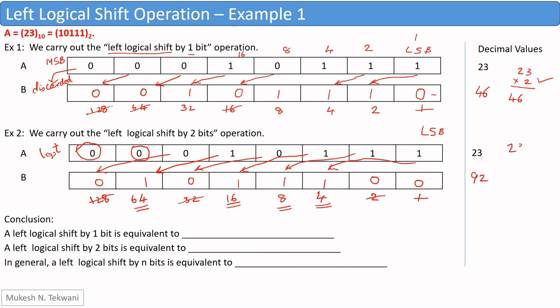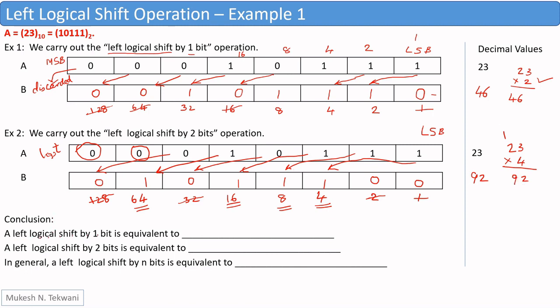Now if you observe this, this is equivalent to multiplying the original number 23 with 4. 4 times 3 is 12, 2 with a carry of 1, 4 times 2 is 8, and 1 is 9. So here is our conclusion.